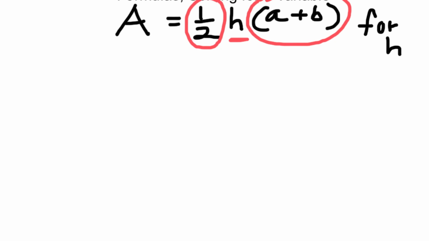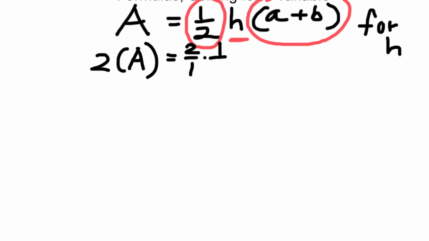So the 1/2 I can multiply by the reciprocal, which is 2, or 2 over 1. So I'll multiply the A by 2, and I'll multiply this one by 2 over 1, times 1 over 2. And then that's times H times A plus B. Okay, I'll do that first.